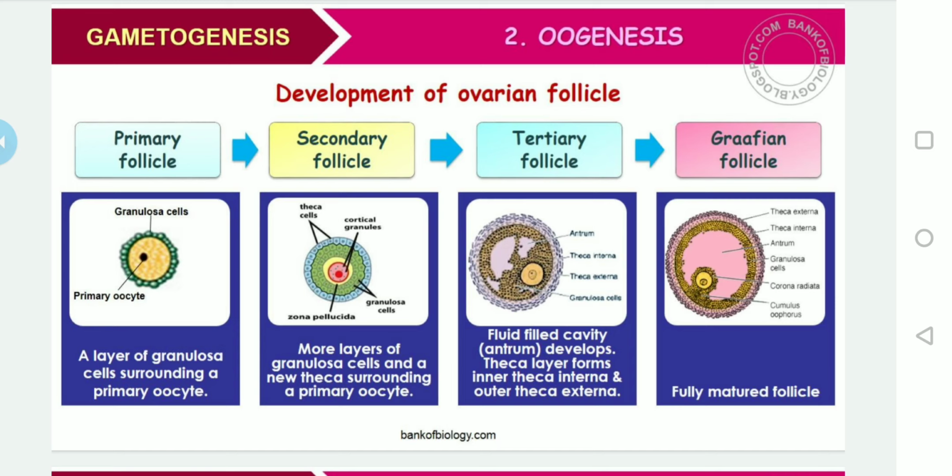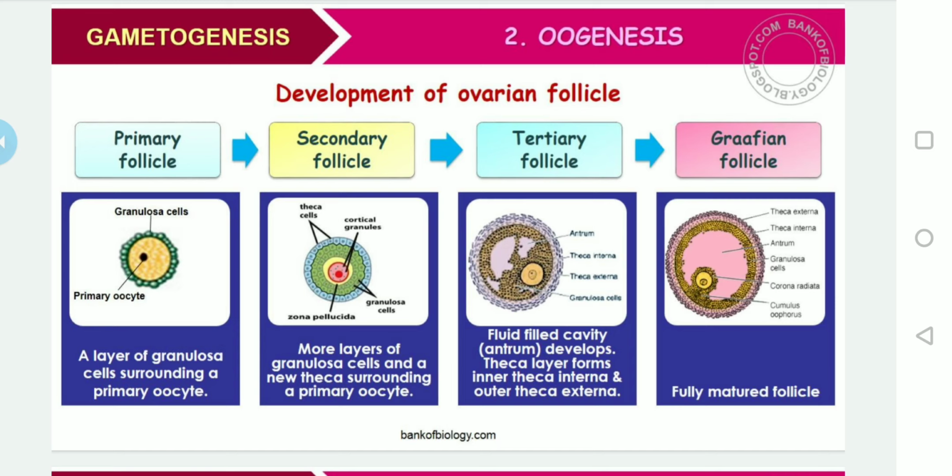At this stage, the primary oocyte within the tertiary follicle grows in size and completes its first meiotic division. The meiotic division takes place in two stages: during maturation there is meiosis I and meiosis II.